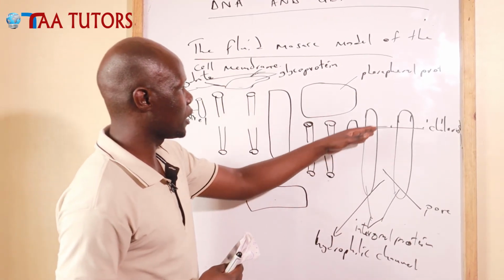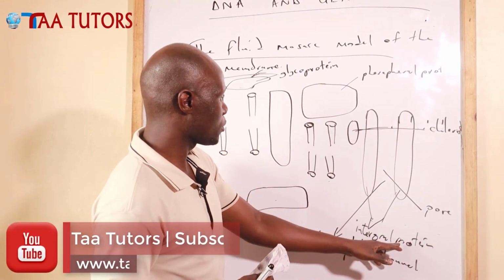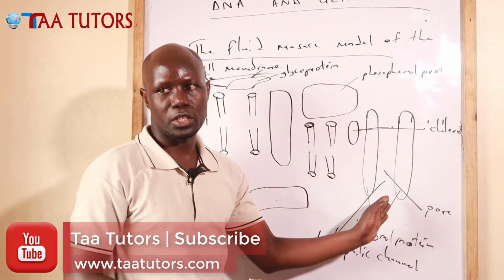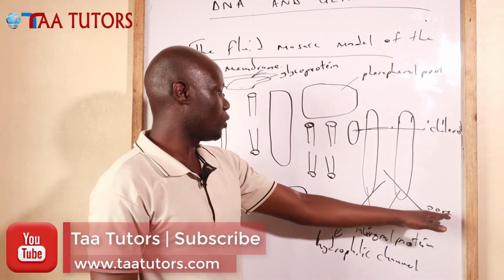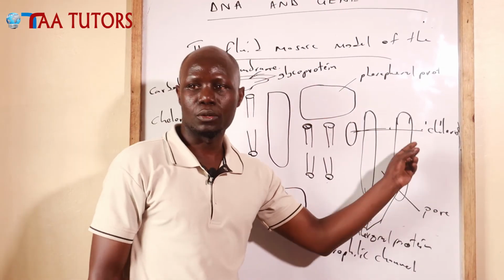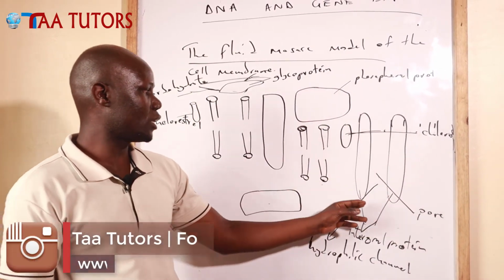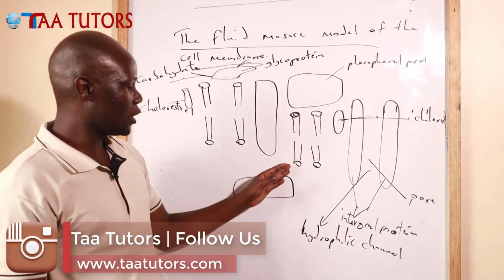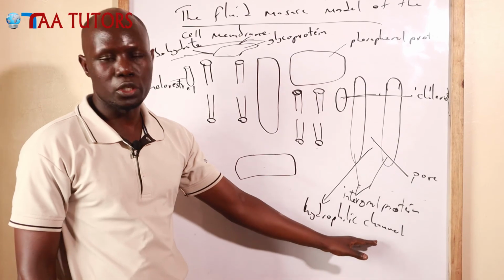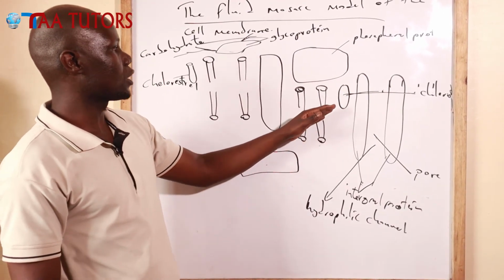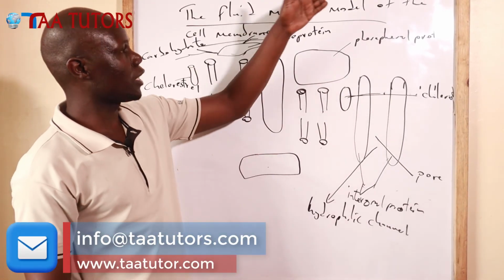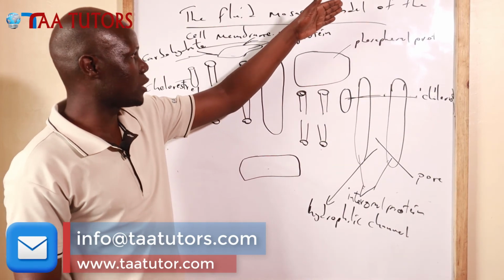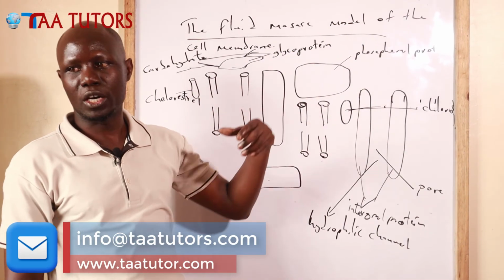We have the integral protein, and in between them there are spaces that exist, like a pore. This pore is where the water molecule will be passing through, and dissolved substances can also be passing through, so that it forms for us a hydrophilic channel through which the molecules will be passing, so that they can either go inside the cell or move outside the cell.